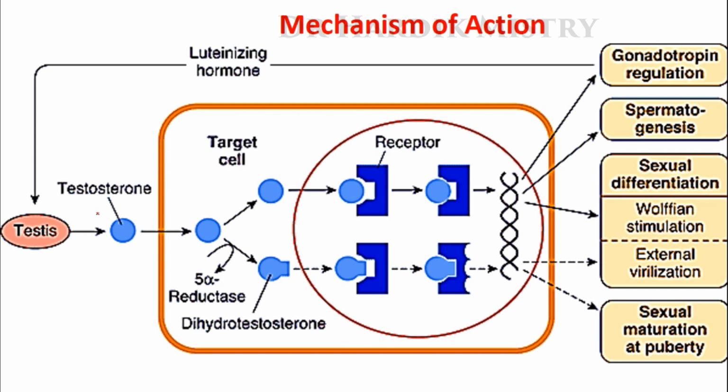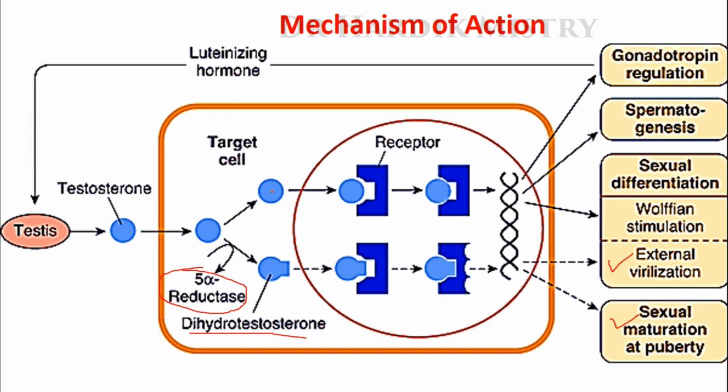Now, what is the mechanism of action of testosterone? Testes secrete the testosterone. Inside the target cell, the testosterone is converted to dihydrotestosterone via the enzyme 5-alpha reductase, and testosterone and dihydrotestosterone both enter and bind with the receptors present in the nucleus of the target cell. The effect of dihydrotestosterone is that it stimulates external virilization and sexual maturation at the time of puberty.